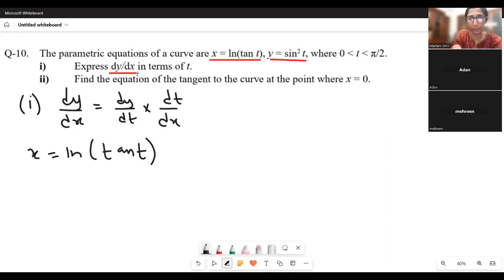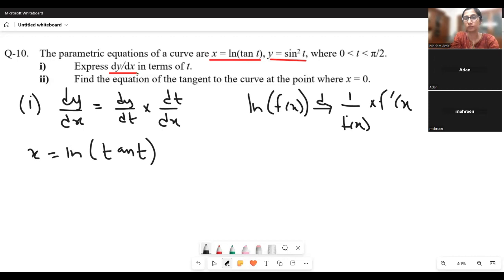So the first rule we have is that ln f(x) is being derived, and the derivative of that is 1 upon f(x) times f prime x. And later, you'll also have to derivate this function, tan t. So what's the derivative of tan x?